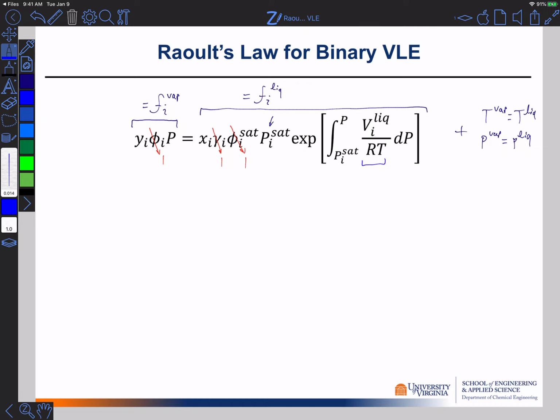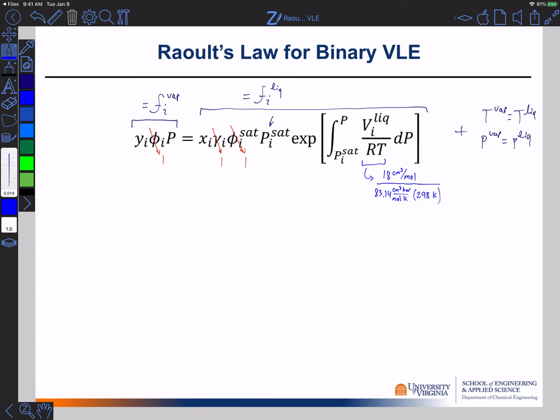So, if you take this ratio and plug in values for water, we could say 18 cubic centimeters per mole for water, divided by 83.14 cubic centimeters bar per mole Kelvin, and let's say we use 298 Kelvin as our temperature.